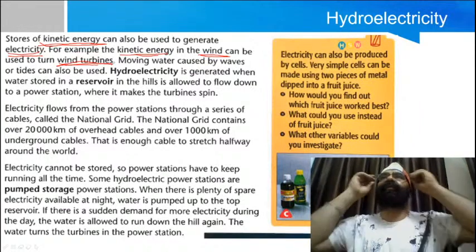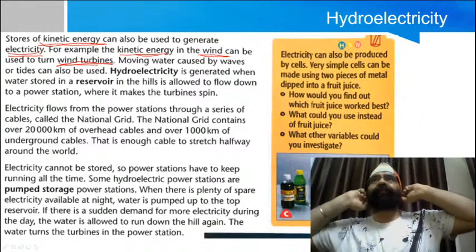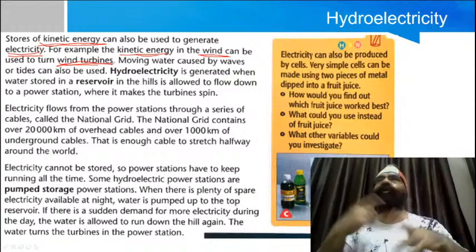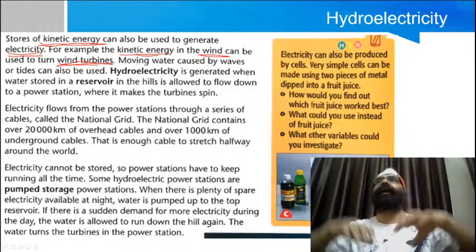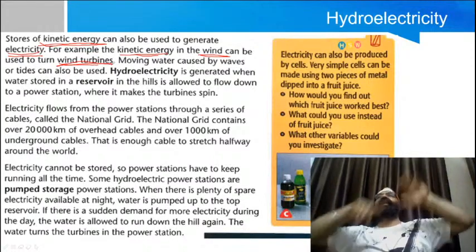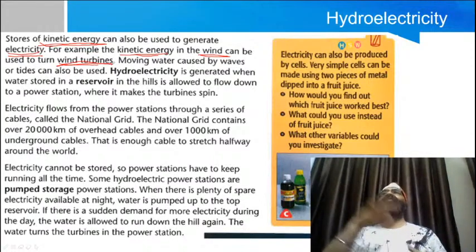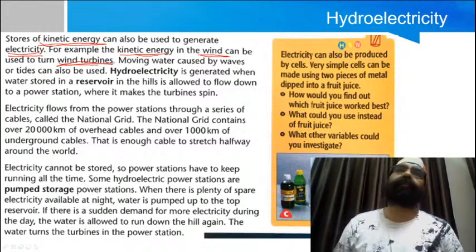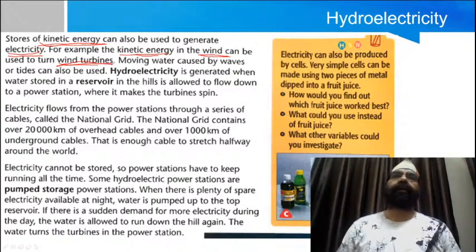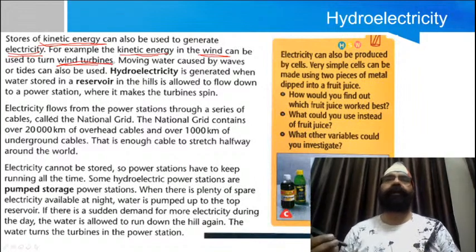So instead of using steam to rotate the turbine, I am using a wind turbine which has got huge fans, and when wind blows, the fan turns and rotates the generator. Correct?